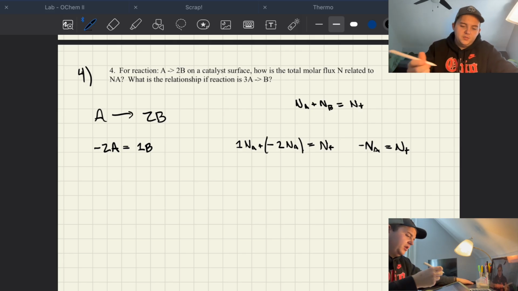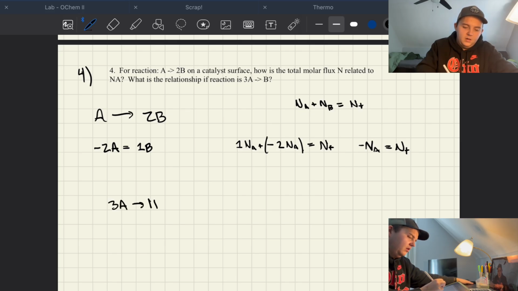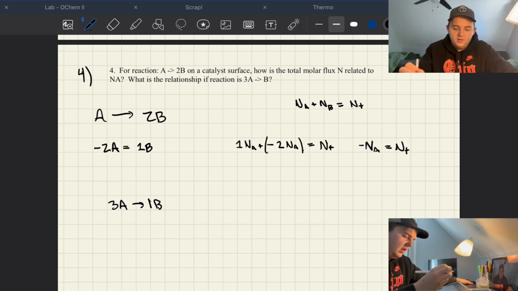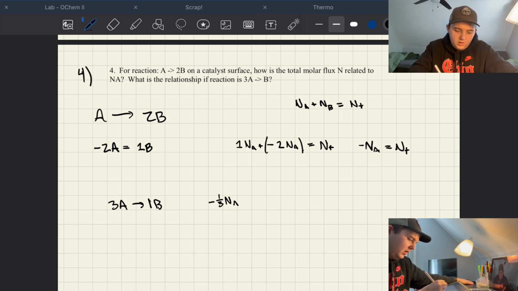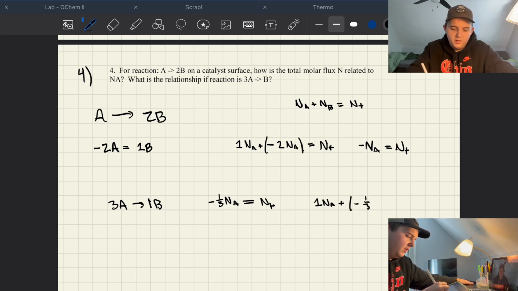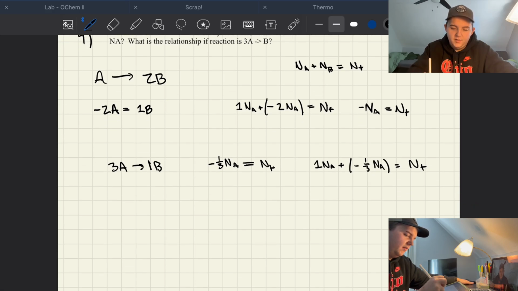If the relationship changes from A to 2B to 3A to 1B, we need to do the inverse of what we just did. So that would be negative 1/3 NA is equal to NB, sorry, NT. Then we add that back in like we did. So we'll have 1 NA plus negative 1/3 NA equals NT as we did above.